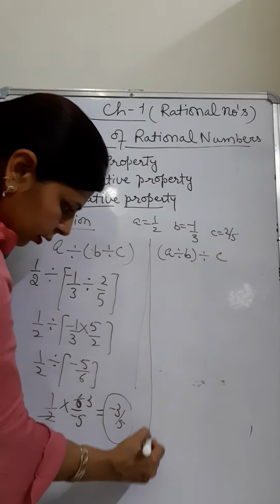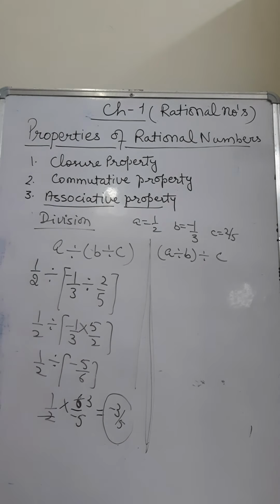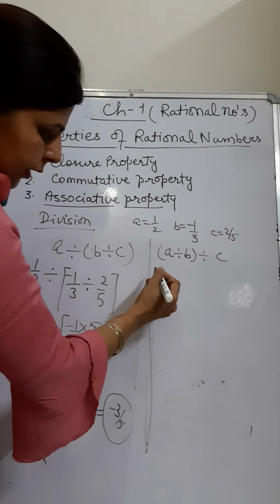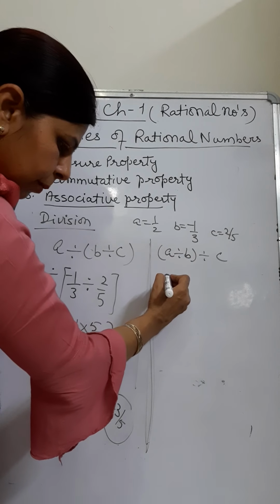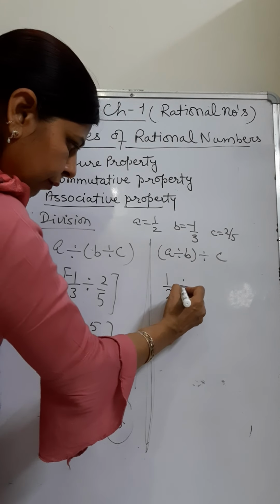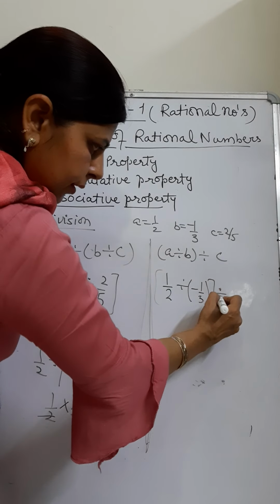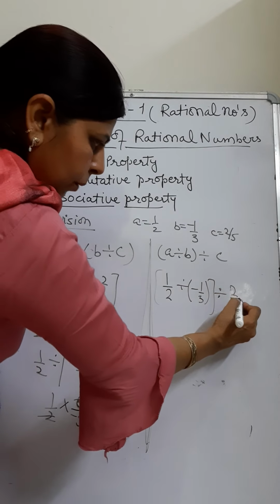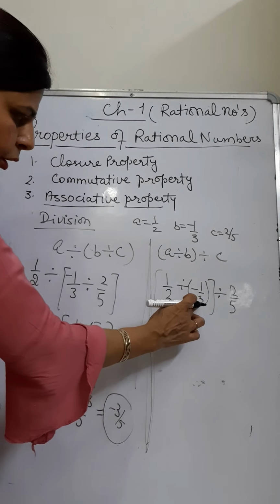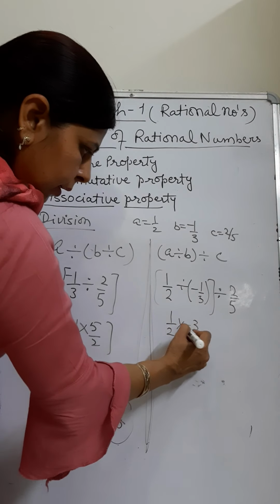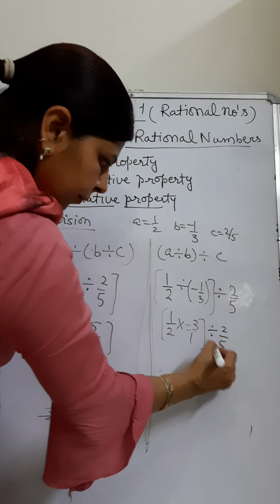Now solve by changing the arrangement. If we change the order, what will be the result? Now here this will be 1 by 2, divide, minus 1 by 3, divide 2 by 5. 1 by 2, multiply sign, reciprocal of this number, minus 3 by 1, divide 2 by 5.